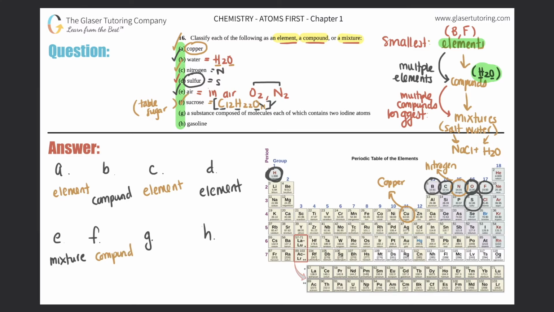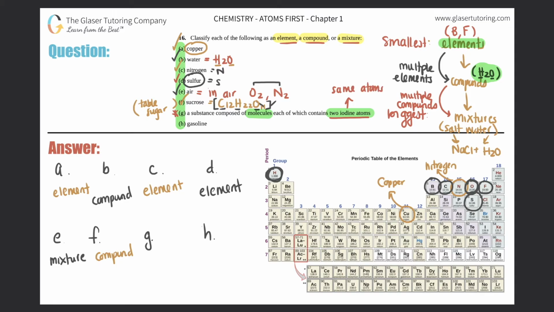Almost there, guys. G, a substance composed of molecules, each of which contains 2 iodine atoms. Element, compound, or mixture. Now this one, I'm going to put a star here. This one's actually the tricky one. Here it's a substance that is composed of molecules, but it's only 2 iodine atoms. These are the same atoms. They're not different atoms.